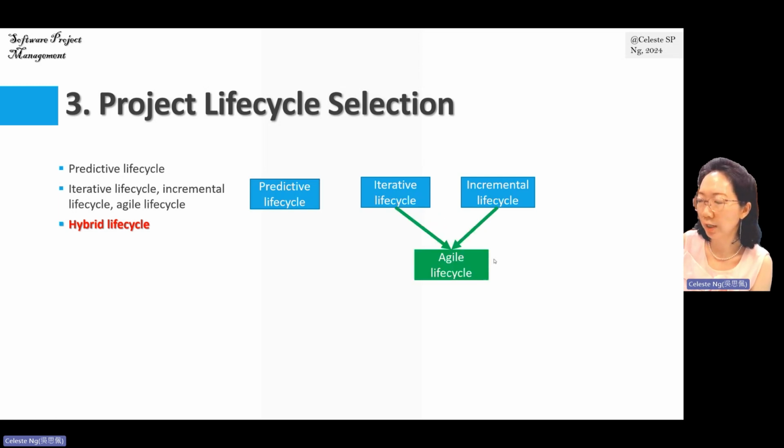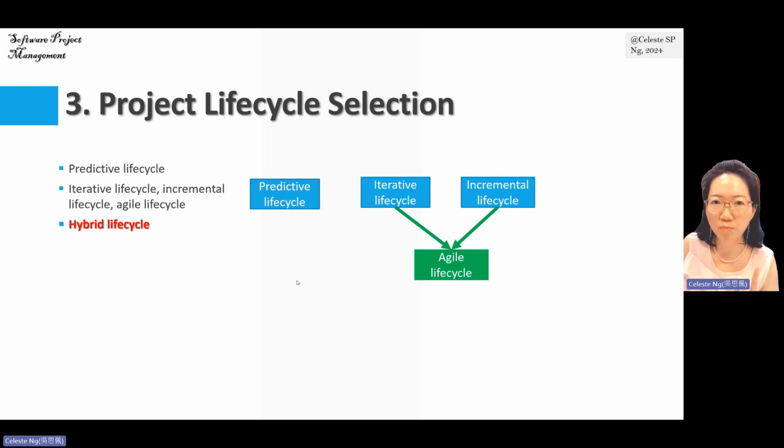And we also know that the agile project lifecycle is actually a mix of both of these, right? In short, the characteristics of an agile project lifecycle consist of both characteristics of an iterative project lifecycle and an incremental project lifecycle.